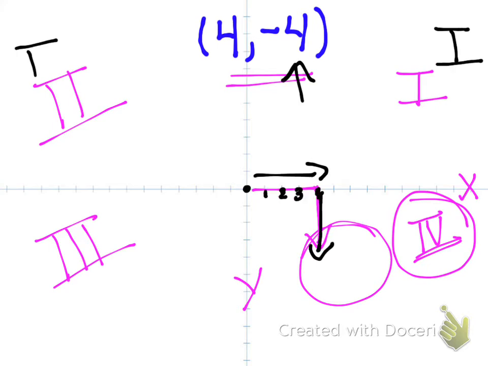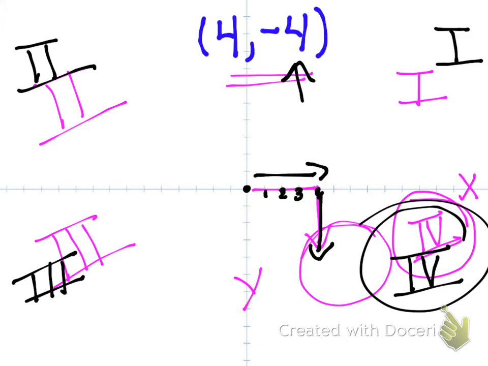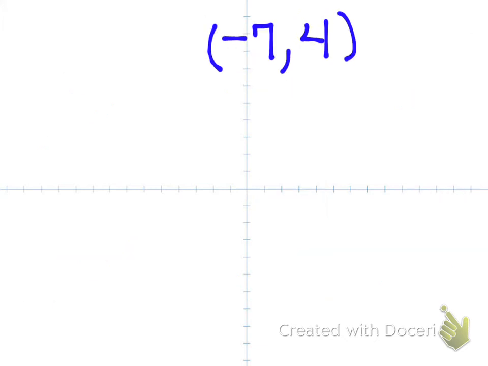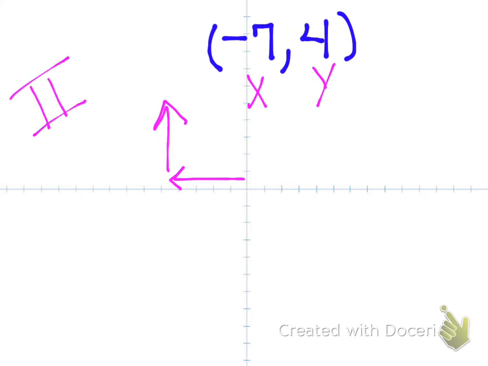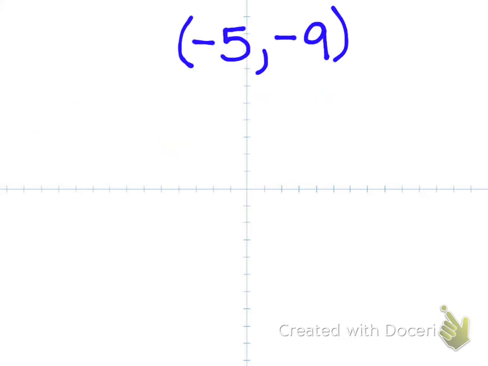Let's try this one again. Our next example is the ordered pair -7, 4. The X value is negative, which means we're traveling to the left, and the Y value is positive, which means we're traveling up. So therefore, that falls in quadrant 2. Our third example, the ordered pair -5, -9, they're both negative.